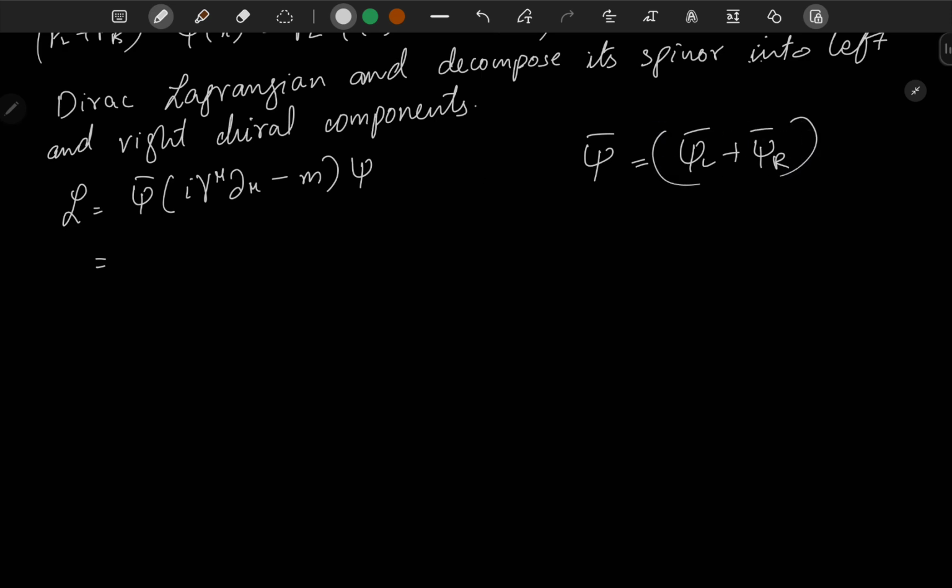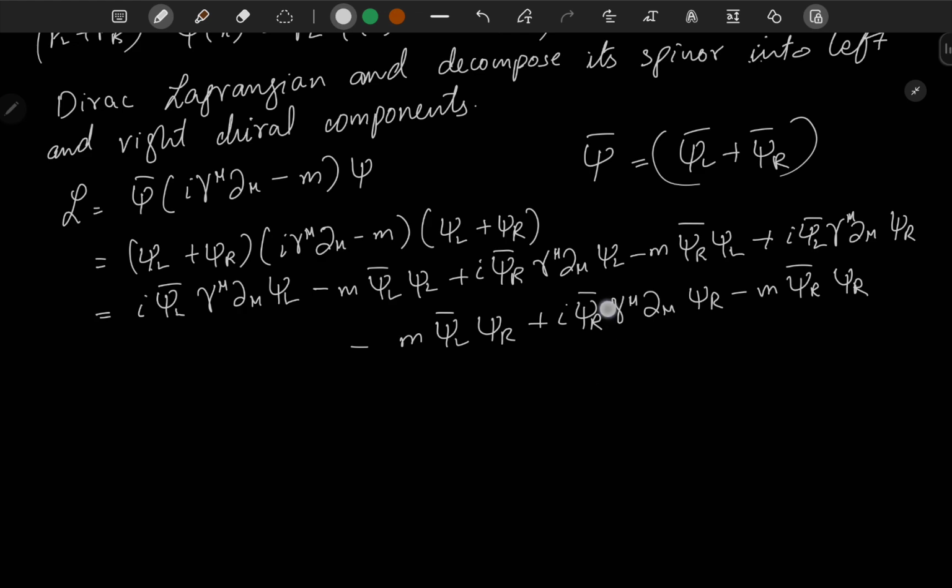Similarly for psi bar. So here we go, psi L bar plus psi R bar, times i gamma mu d mu minus m, times psi L plus psi R. Now I will write them in expanded form.